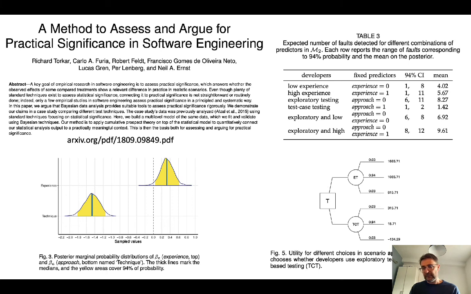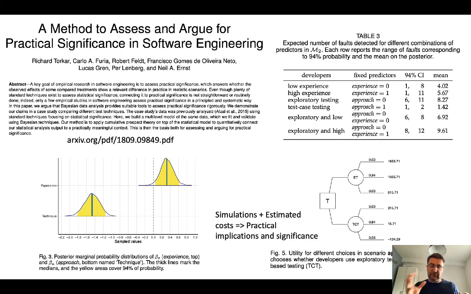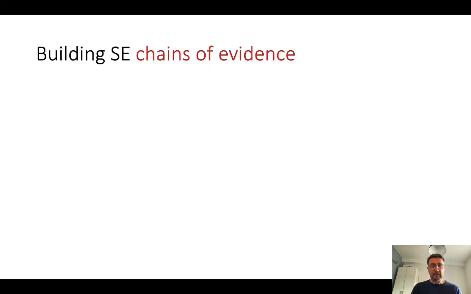And you see here in this case the utility was quite high going for exploratory testing. So simulations plus some estimated cost can give us practical implications and help us analyze practical significance for industry in general or for specific scenarios for one company, for example. So very useful, we think.